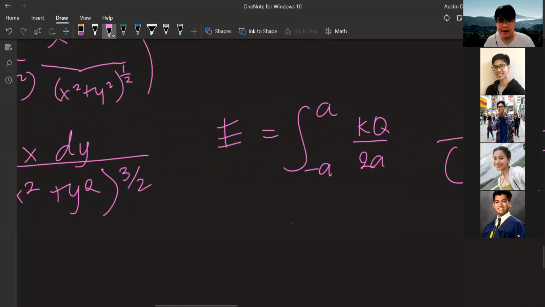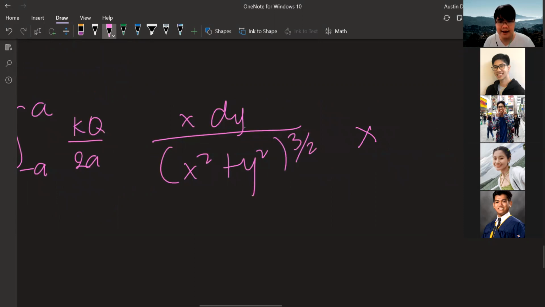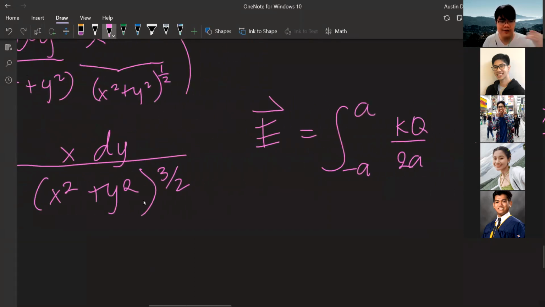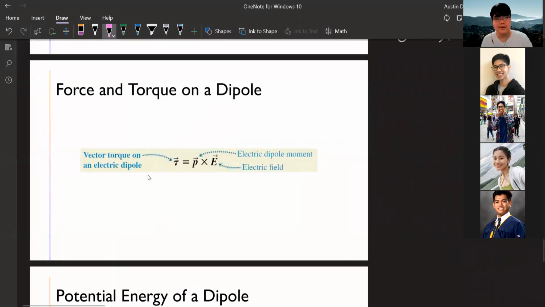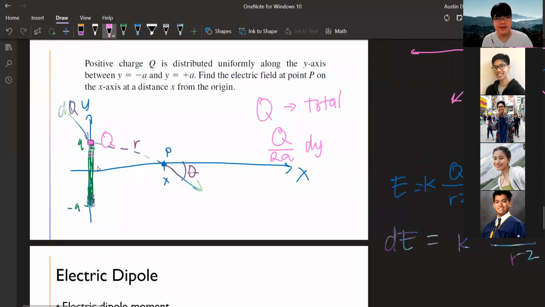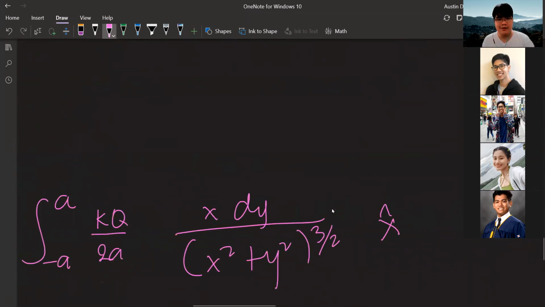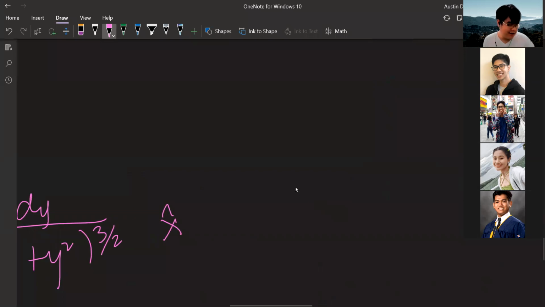Okay? And the direction would be x hat because positive yung charge mo dito.